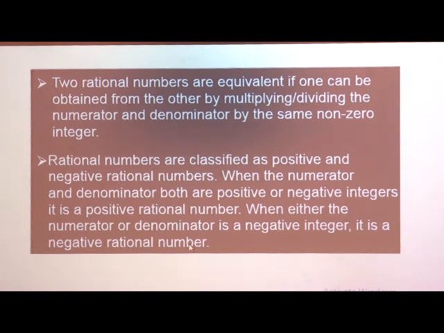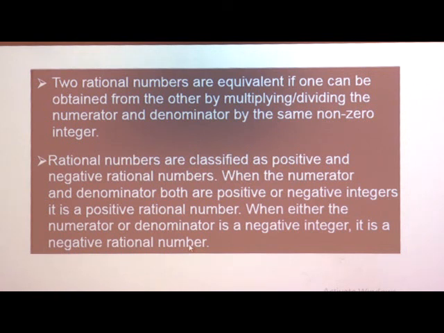Here we have only one negative integer. It may be in the numerator or it may be in the denominator of the rational number. So, with one negative sign, we say that the given rational number is a negative rational number.